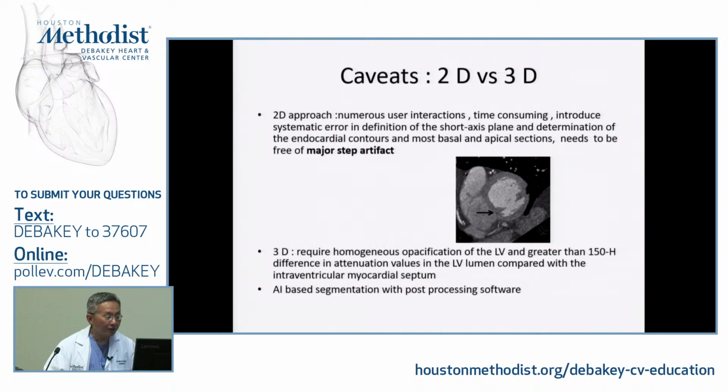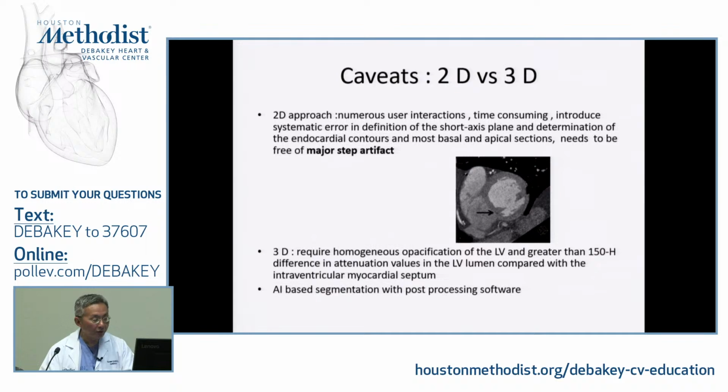Another caveat is that 2D is obviously very time consuming, with a lot of user interaction and systematic errors, and the images have to be free of stair-step artifact. Remember, with retrospective gating, unless you have a wide detector CT, we image the heart over about 4 to 6 beats. So if you have a major R-R interval difference, you're going to have stair-step artifact.